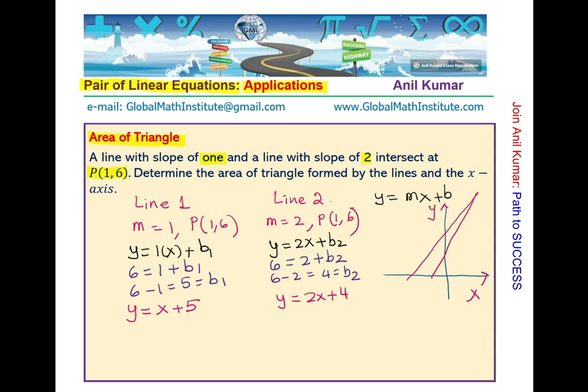We just found that this point P, which is common to both, is (1, 6). Correct? And these are the y-intercepts for line 1 and 2, which are 5 and 4. Correct? We are interested in finding the area of this triangle, right?